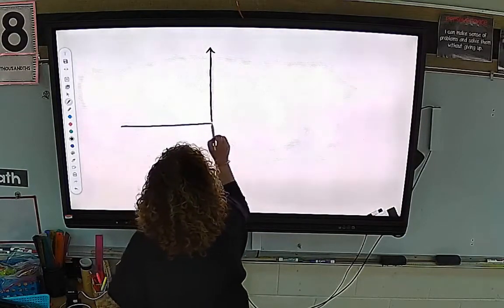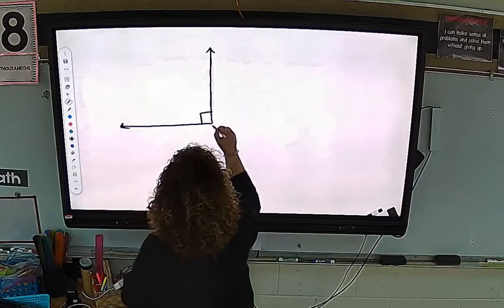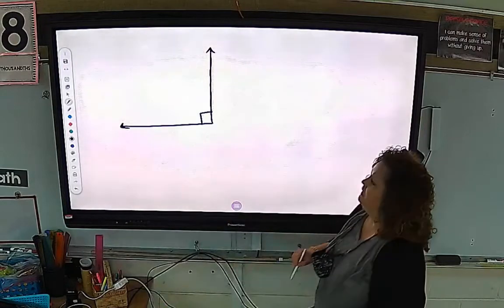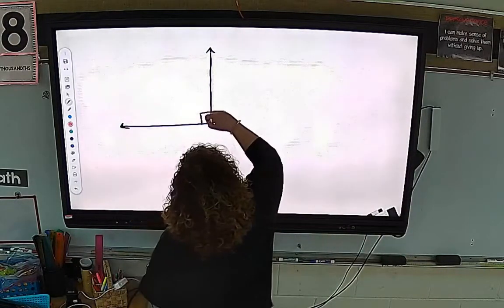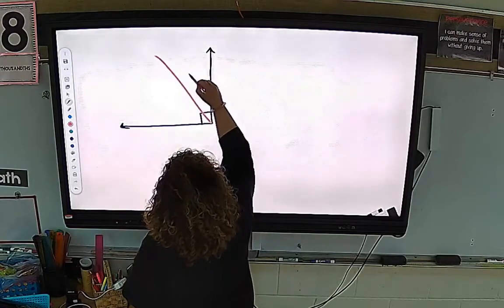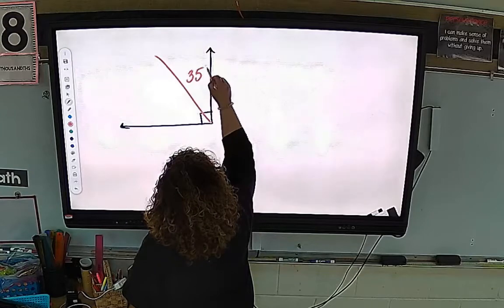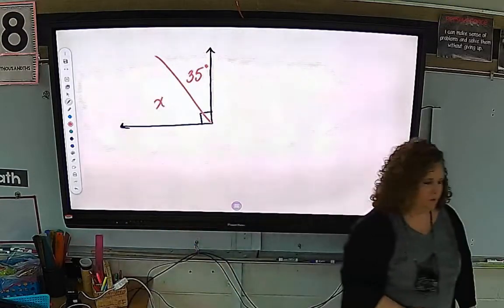All right, we started off here, and if we have a 90-degree angle, and if this is cut into more than one piece, and if they tell us, hey, this piece is 35 degrees, what is X? What are you going to do?